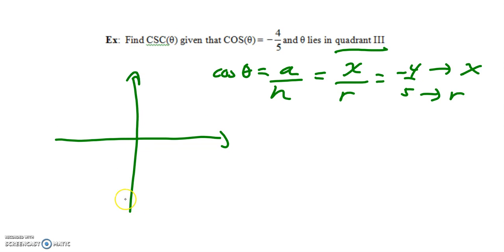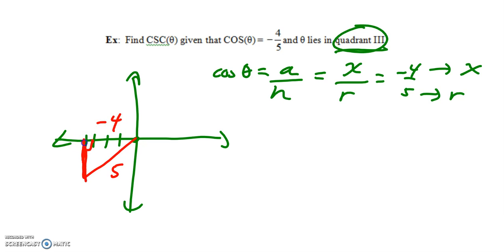So if I draw a quick sketch here, and I'm in quadrant 3, that means I'm going left 4, and that also means if my radius is 5, that if I make my little triangle, this distance would be 5, and this distance would be negative 4.